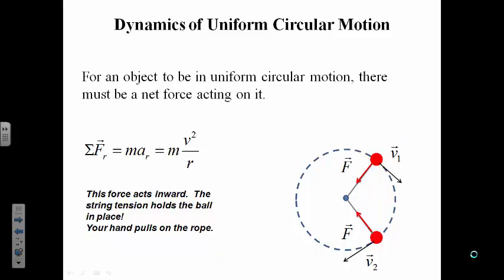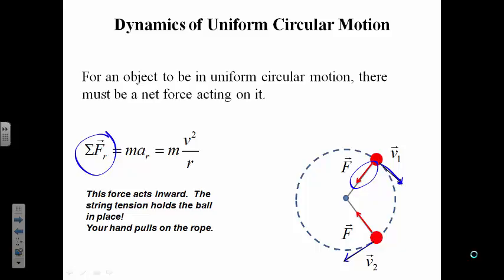So when we're thinking about our object, in order for our object to be changing these directions, V1 to V2, as we go around the circle, when we sum the forces, the result of the force needs to be pointing inward.